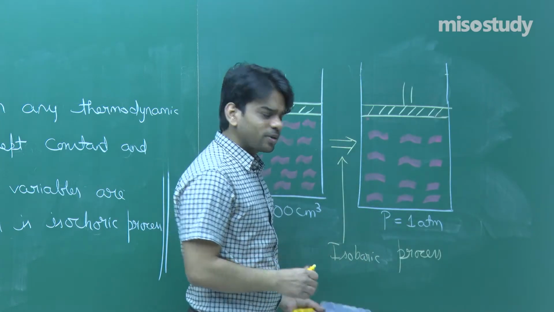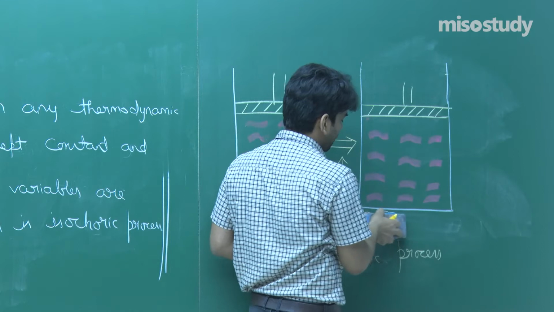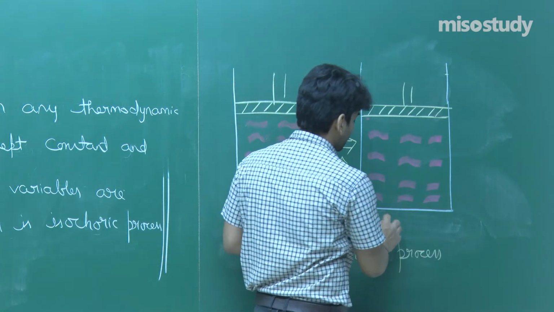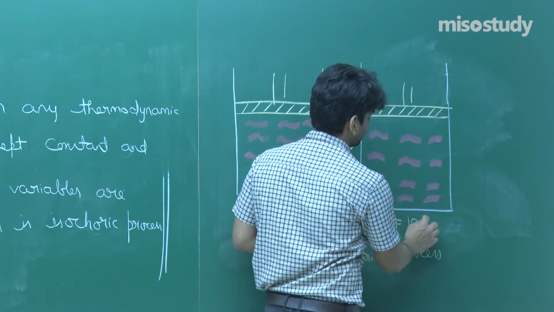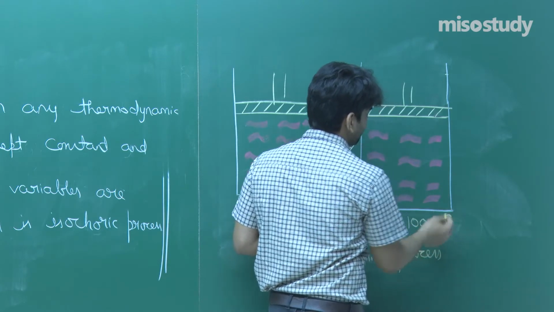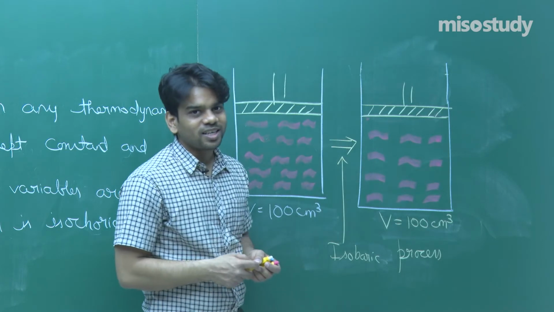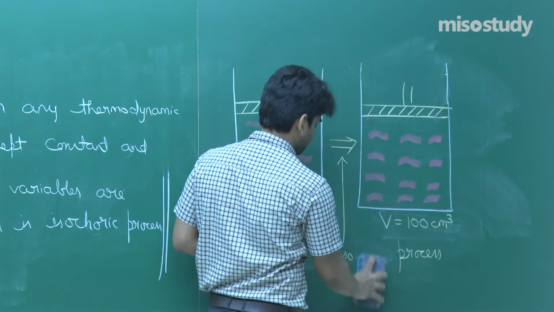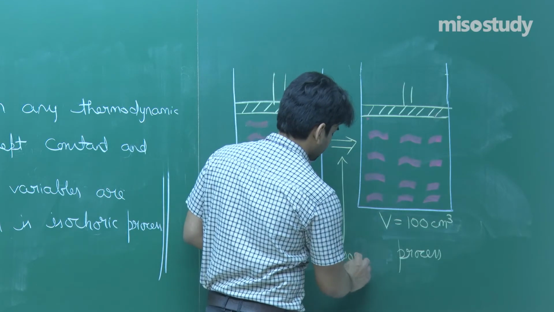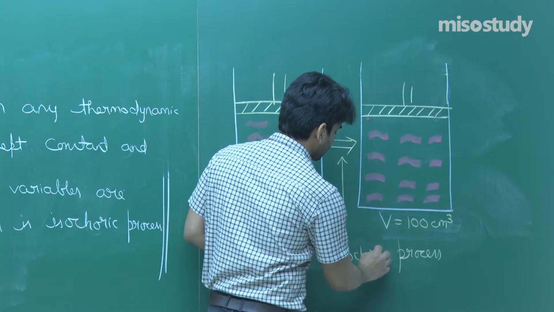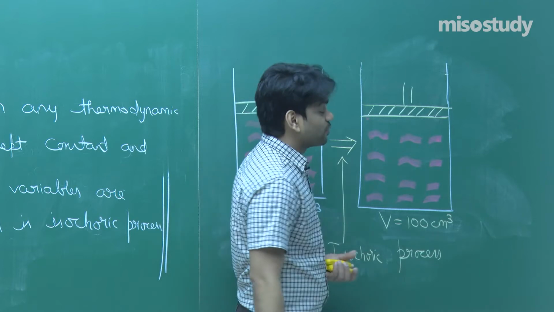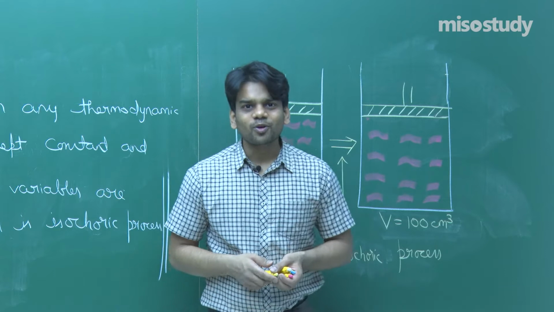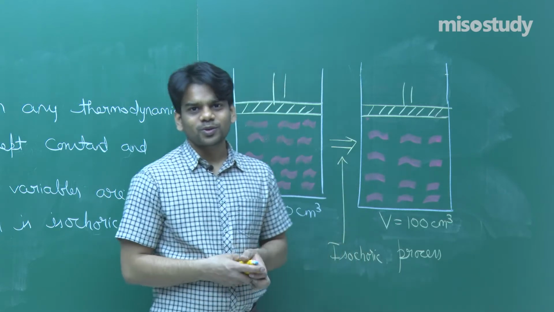Again, volume is to be kept constant and pressure and temperature are to be varied. I believe that you are remembering that pressure is directly proportional to temperature, and that is what we have seen in the last chapter, in Gay-Lussac's law, pressure law. This process is the isochoric process, when volume is made constant. Vary pressure and temperature, and we know that pressure is directly proportional to temperature.